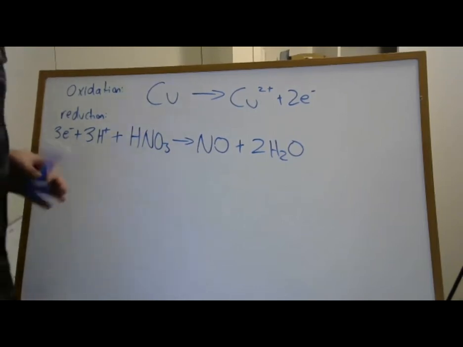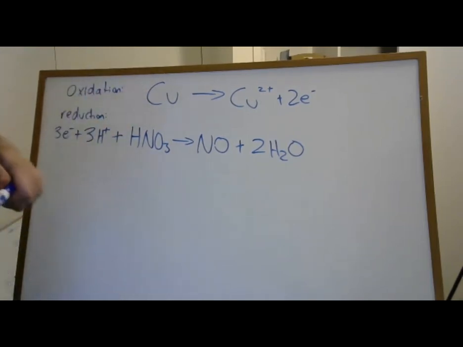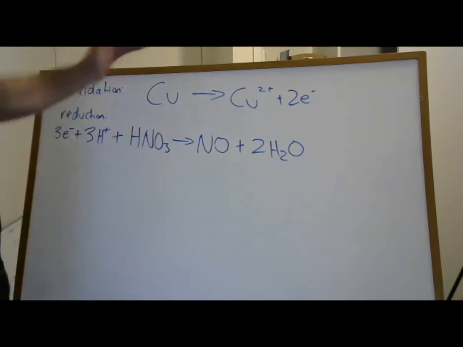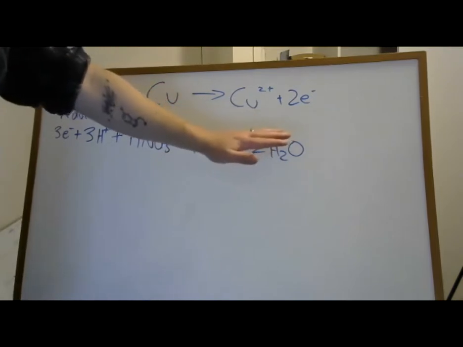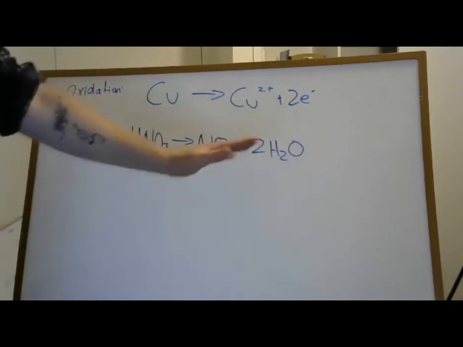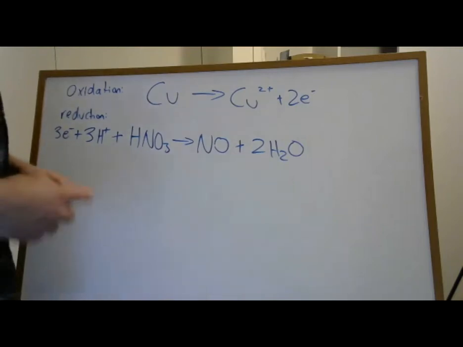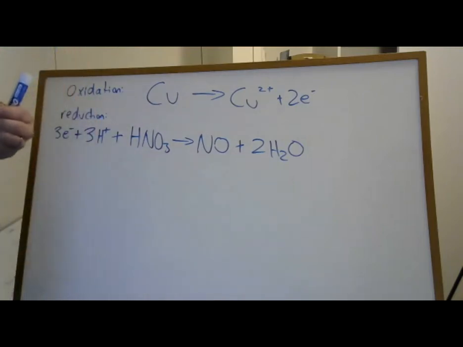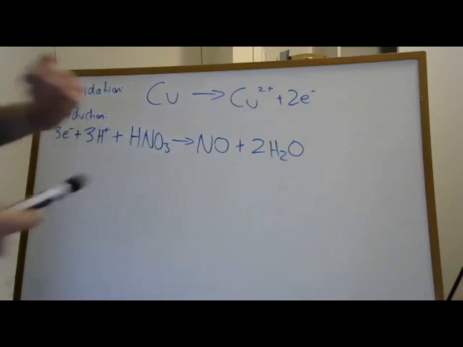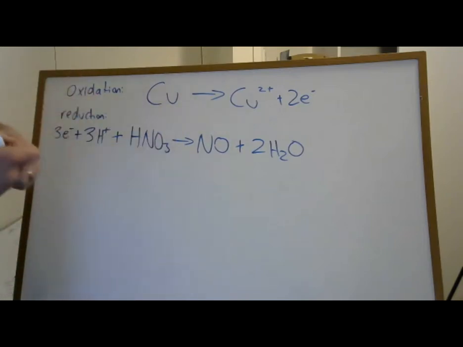So, remember in the beginning I said it looks like there's only been 2 electrons from copper given, but nitrogen lost 3 oxidation states. So we have to balance the number of electrons going across from one side to the other.